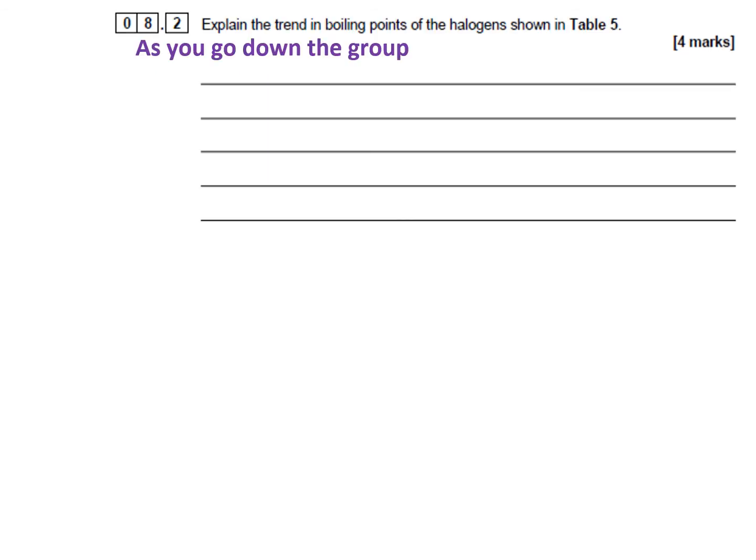Now explaining our trend in the boiling point. So if you look at our boiling points, the trend as we go down the group is that our boiling points are getting higher. So from -188 up to 59. That's just a statement. Now we need to explain that.